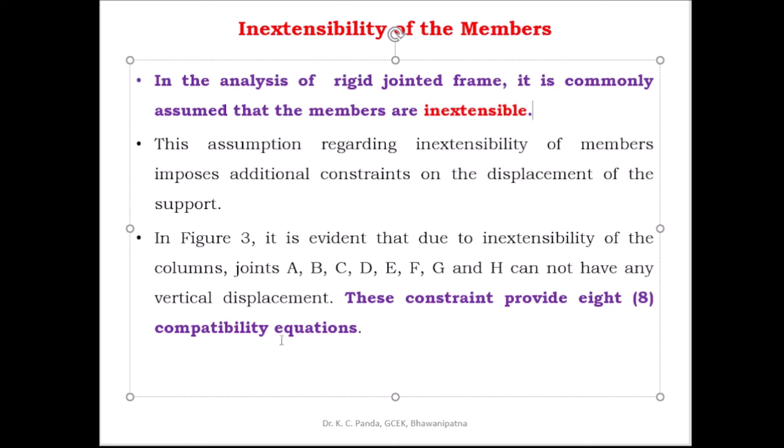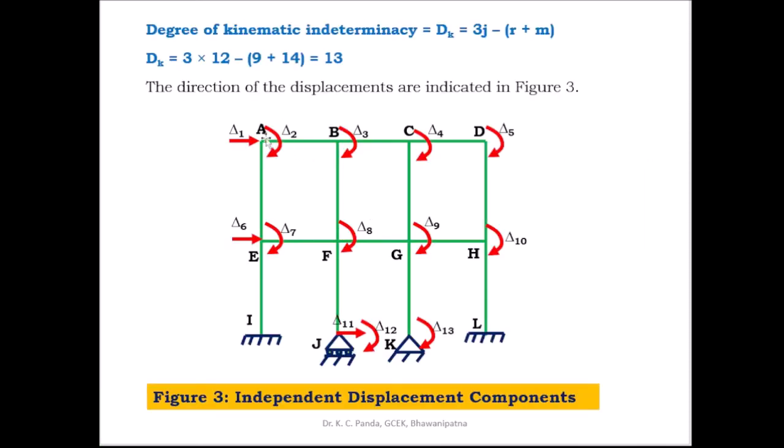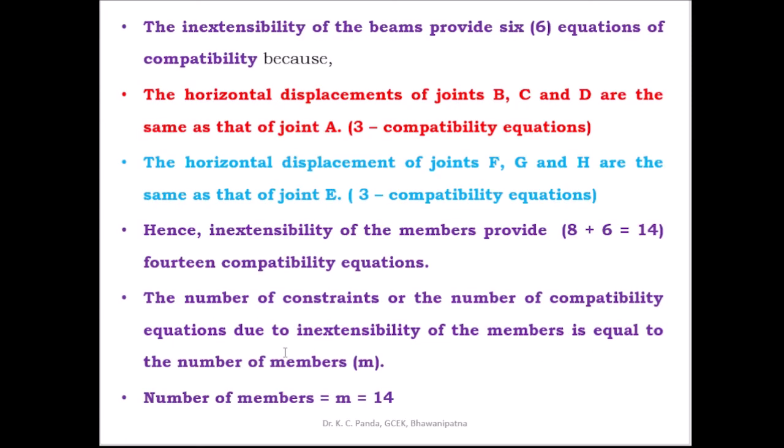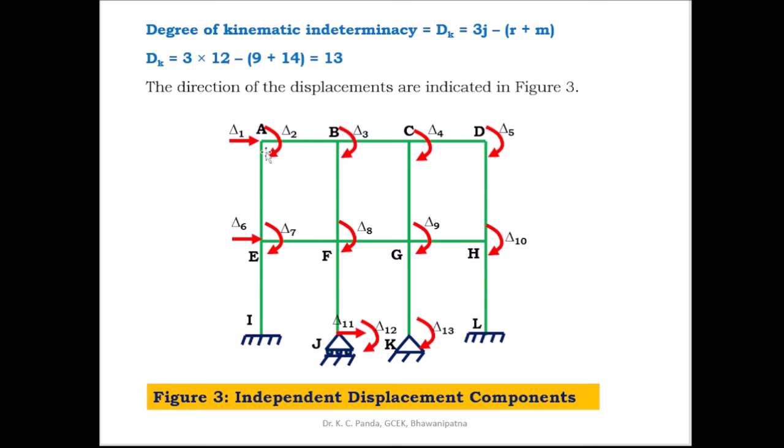These constraints provide 8 compatibility equations, one each at joints A, B, C, D, E, F, G, and H. So there is no vertical displacement in the case of inextensibility of the members, and these 8 constraints provide 8 compatibility equations.